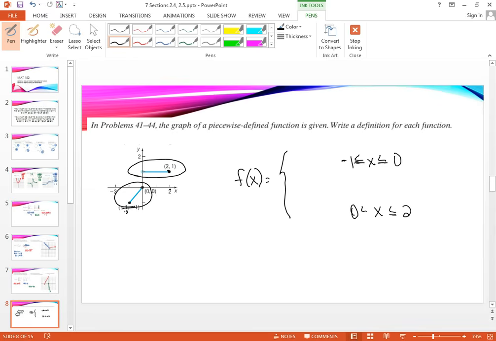Okay, so what's the equation of those two pieces? This is a straight line, right? With a y value of 1. So the equation of that line is just y equals 1. Okay? Or f of x equals 1. So for any x's between 0 and 2, the y value is 1. For this piece over here, do you recognize it?